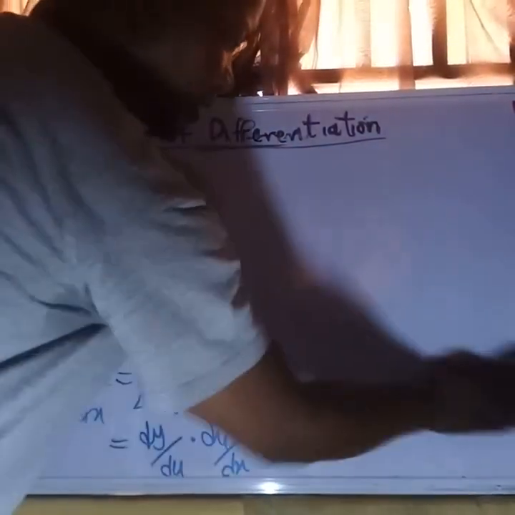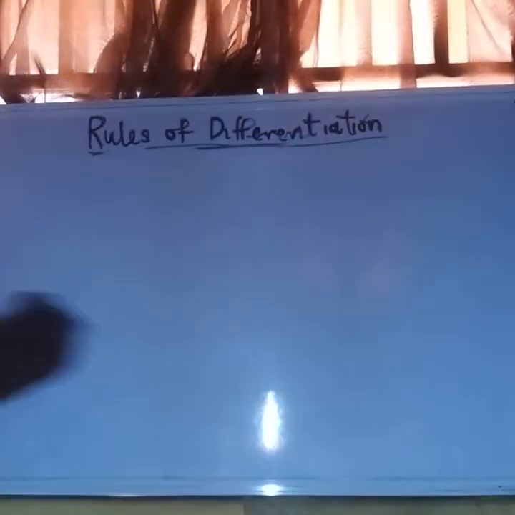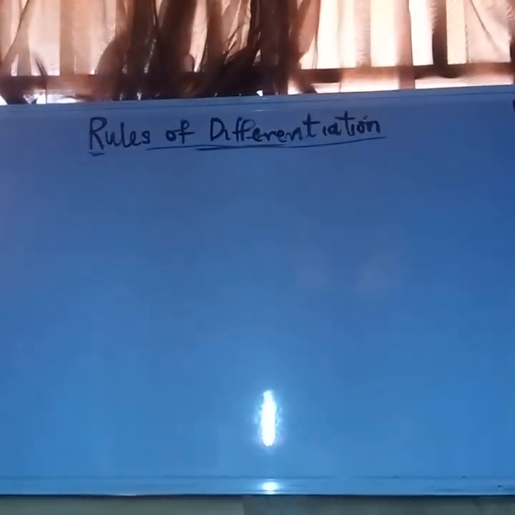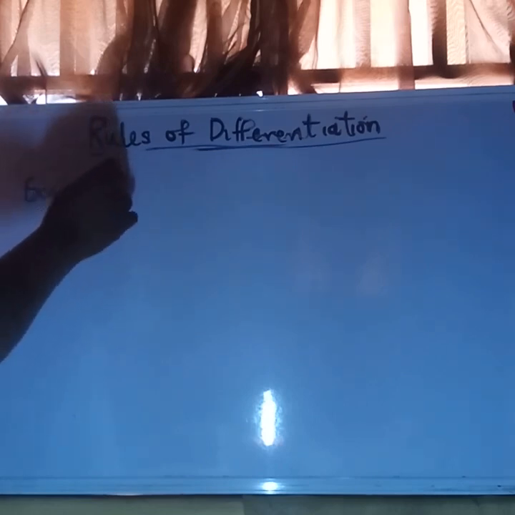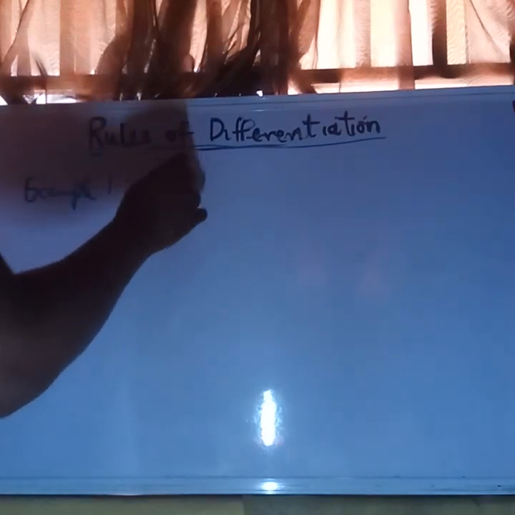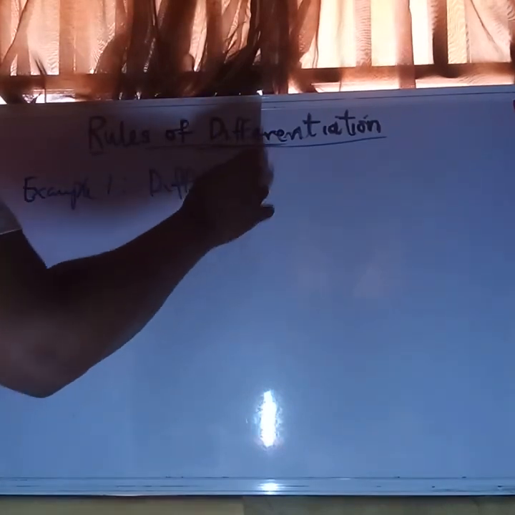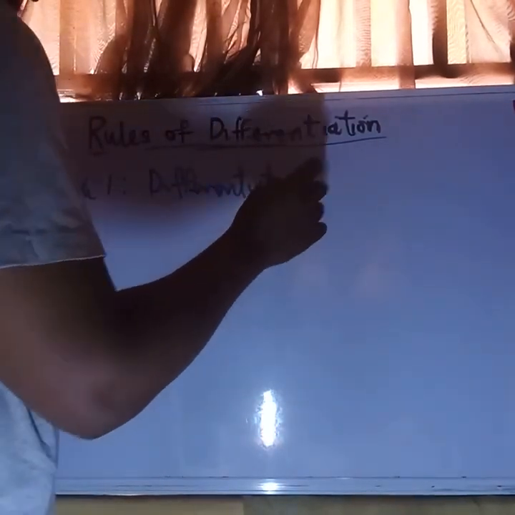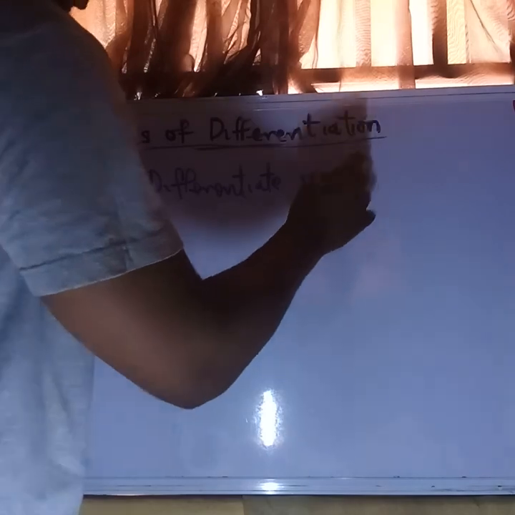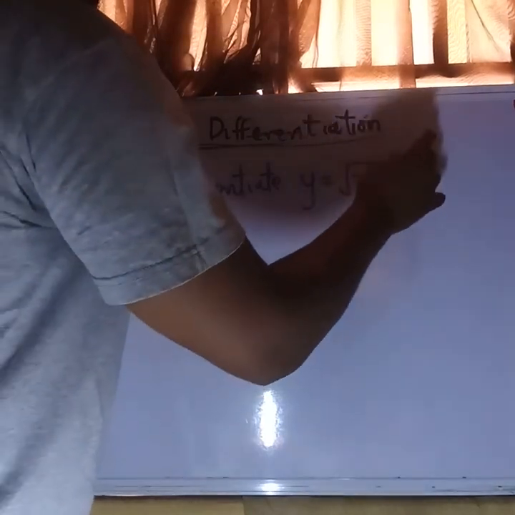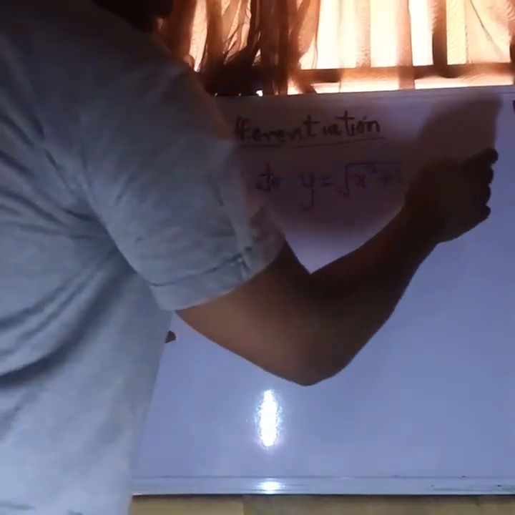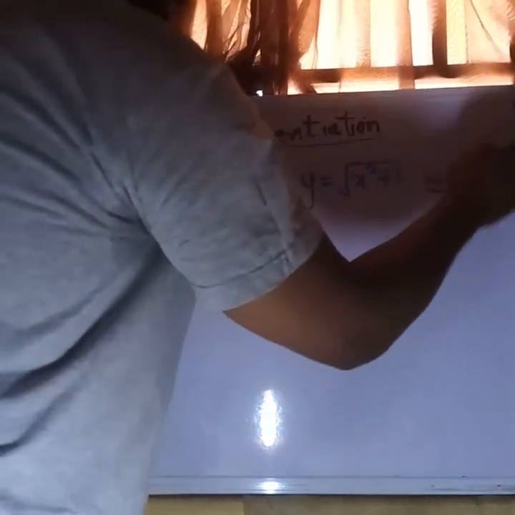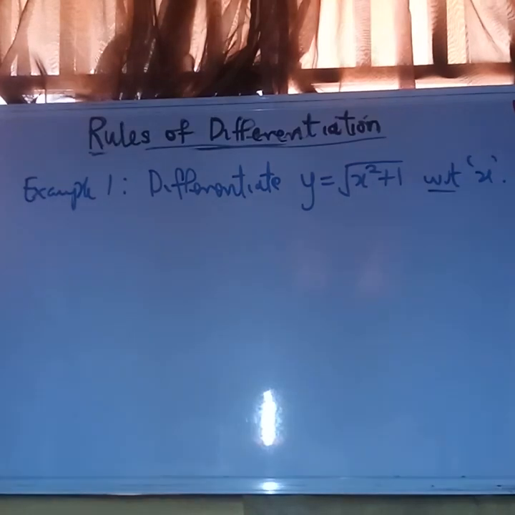Let us first consider the example we had earlier. If you have to differentiate the function y equal to the square root of x squared plus 1, with respect to the argument x.